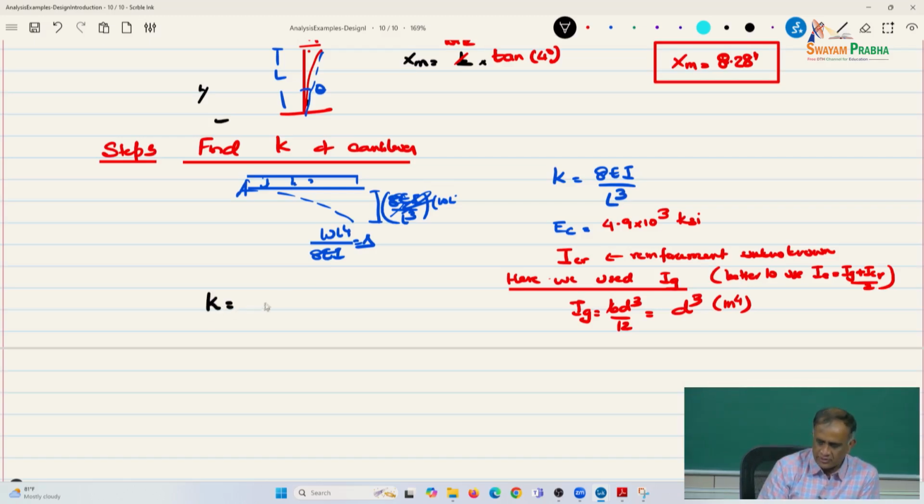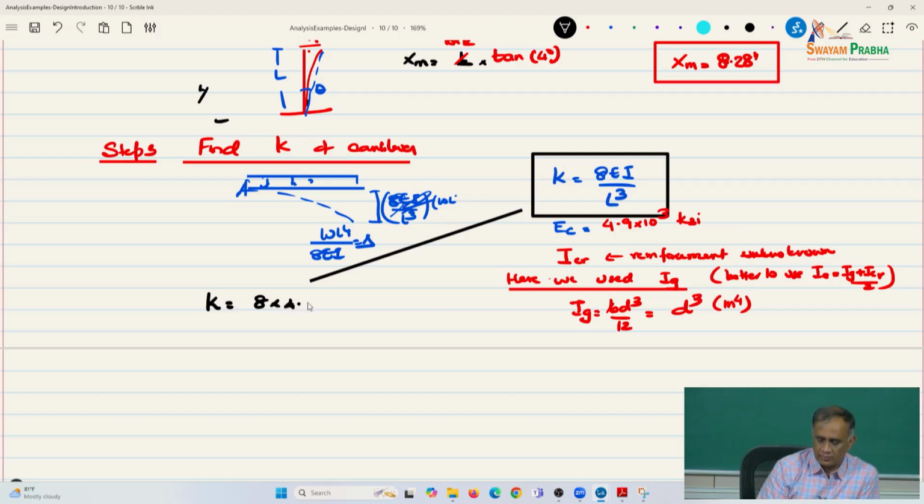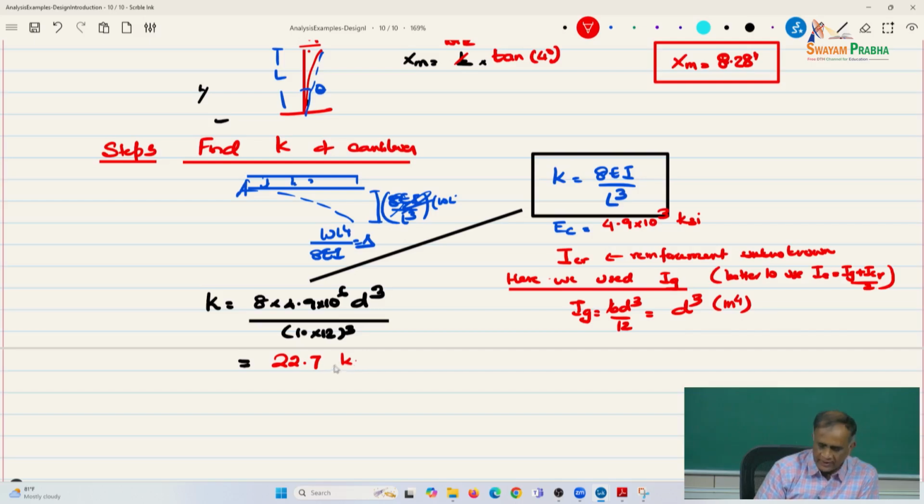So, K now comes to 8 times 4.9 into 10 power 6 D cubed divided by L. So, K comes to 22.68, let us say 22.7 D cubed.